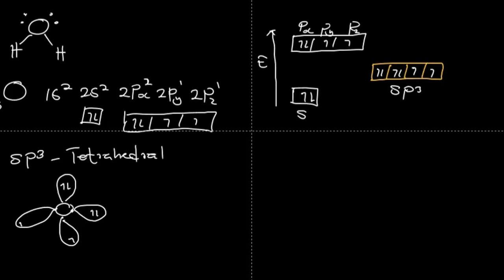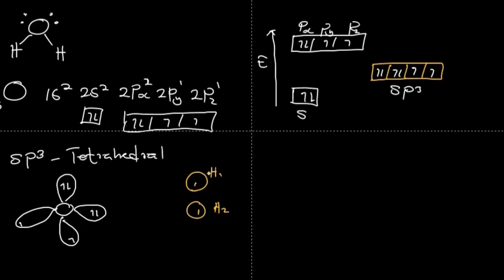Now this oxygen is combining with hydrogen to give us water molecule. So hydrogen has only one electron, that means it has only s orbital. So if we have this s orbital of hydrogen with one electron, so let's say this is the first hydrogen, hydrogen 1, and then hydrogen 2 with one electron.